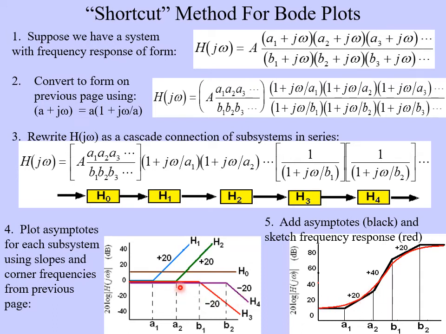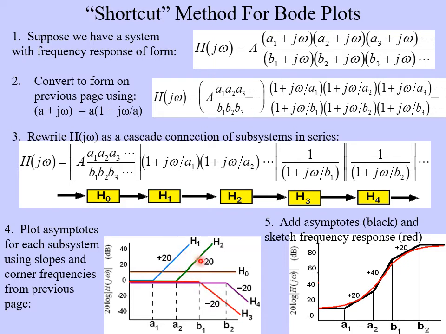Once I get to A2, notice this green line for H2 kicks in. So I've got 20 decibels from the blue line plus 20 decibels from the green line. So my new slope here is 40 decibels. So the slope increases. Once I get to B1, I've got plus 20, plus 20, minus 20, because H3 has now kicked in.